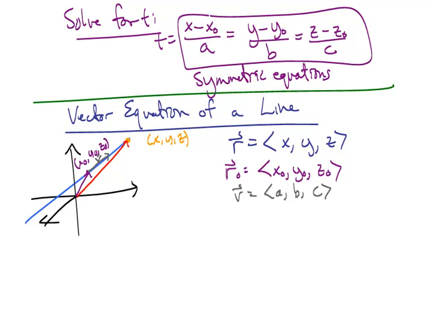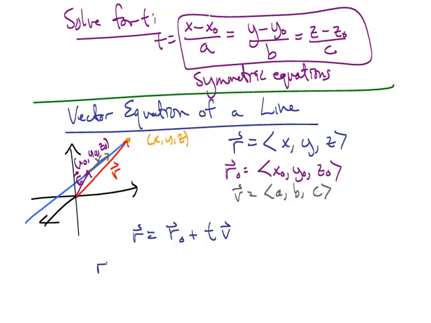Okay, so the question again is, how do I form this vector r from the vectors r sub 0 right here and v right here? Well, you can see that if I take r sub 0 and add some scalar multiple of v, I get the vector r. And so r is going to be equal to r sub 0 plus some scalar multiple of my direction vector.